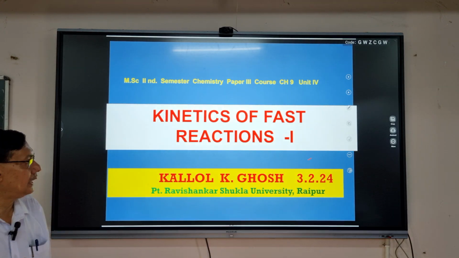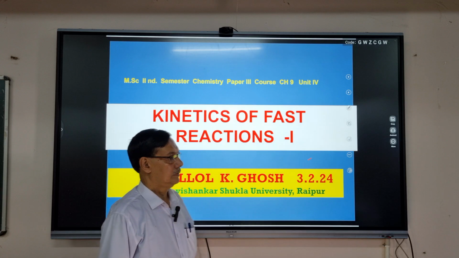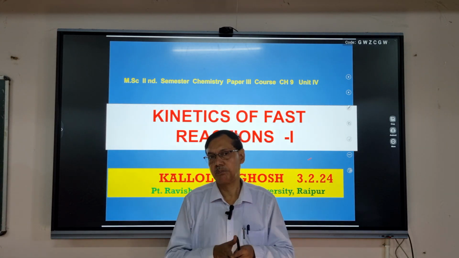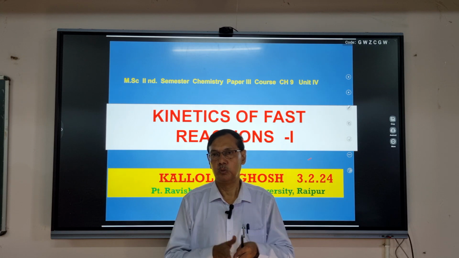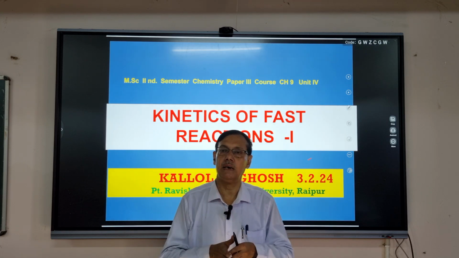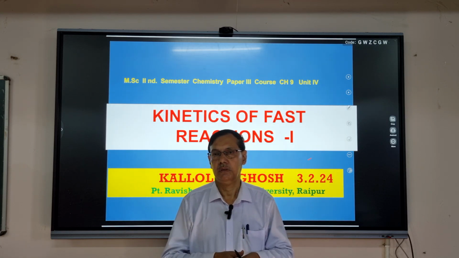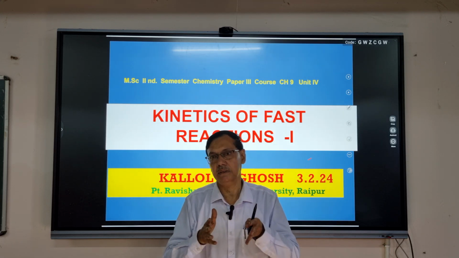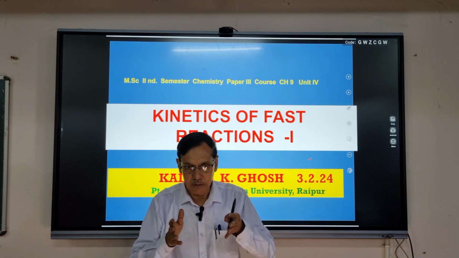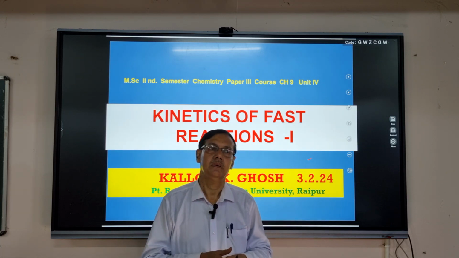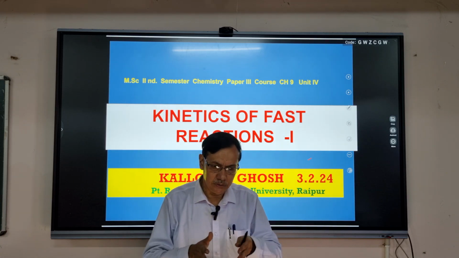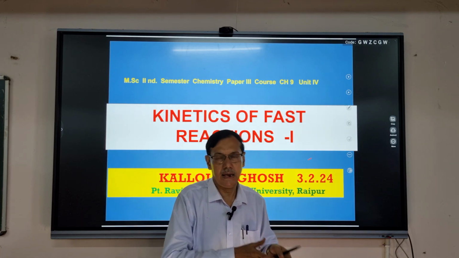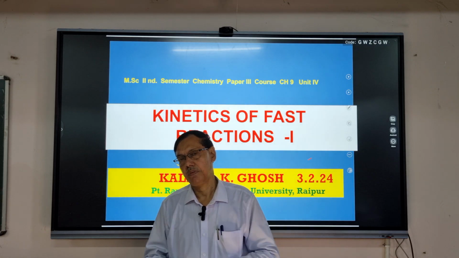In this chemical dynamics, basically we will study two important aspects of chemical kinetics. One is fast reactions. I'll explain what a fast reaction is and what the difference is between conventional reactions and fast reactions.